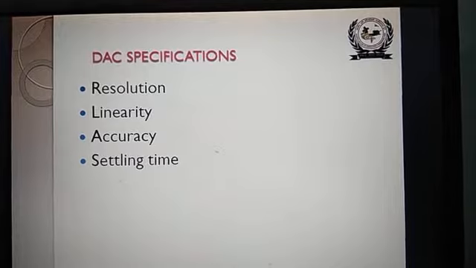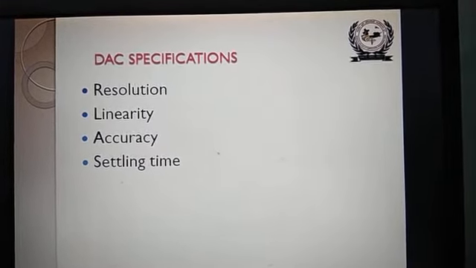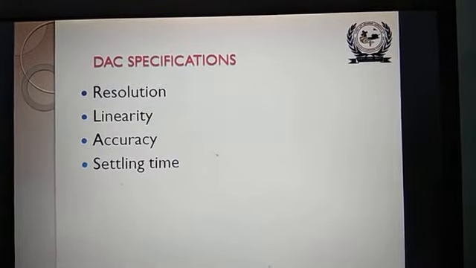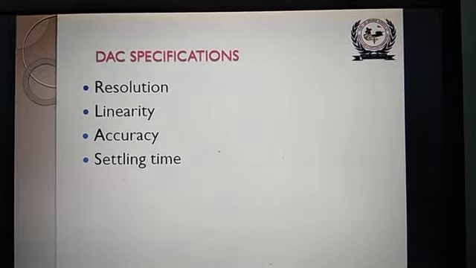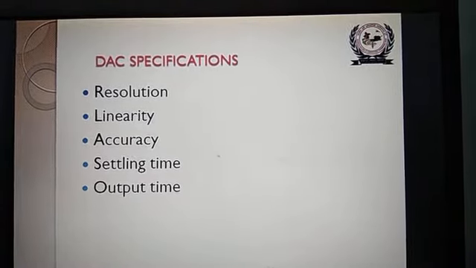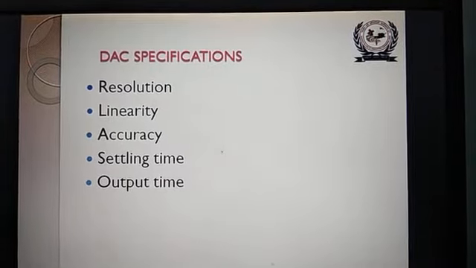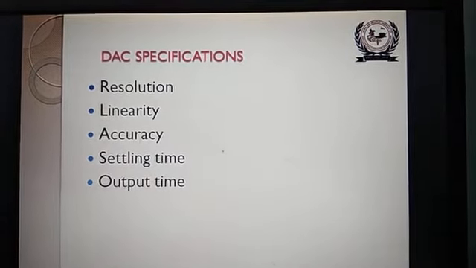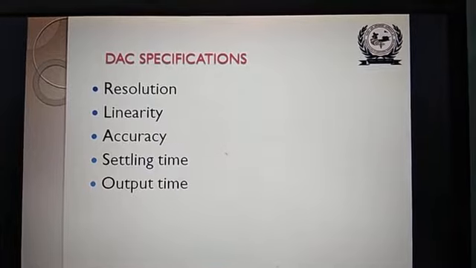Settling time: how much time is required for the conversion from digital to analog signal. That gives you the settling time. And then output time: at what time you are getting the output. These are the specifications of the digital to analog converter.